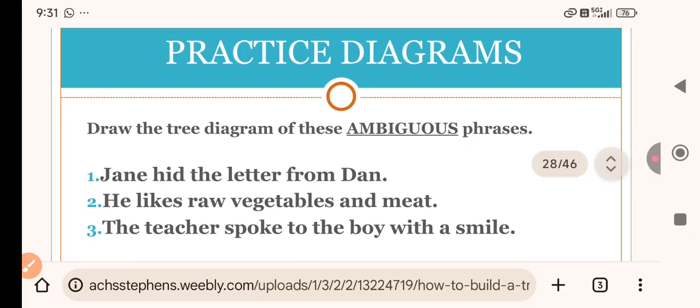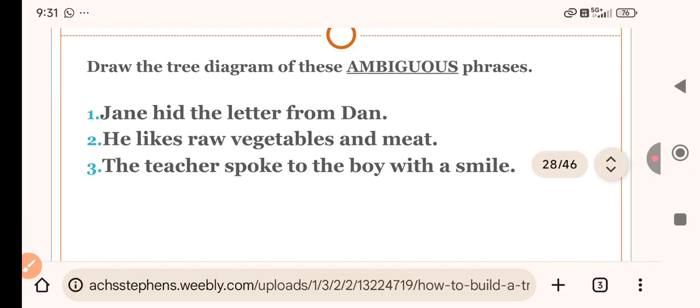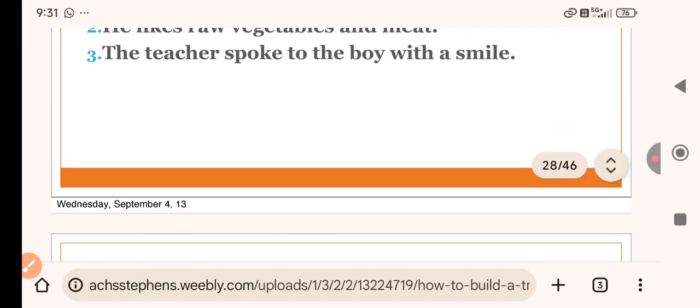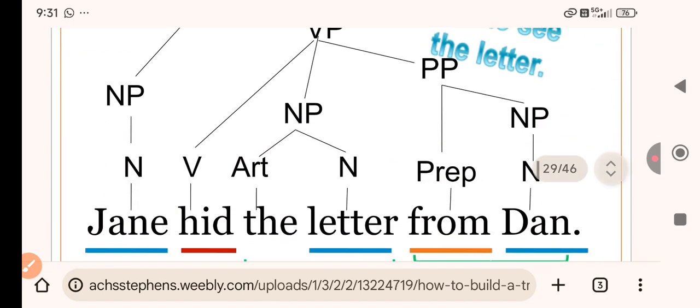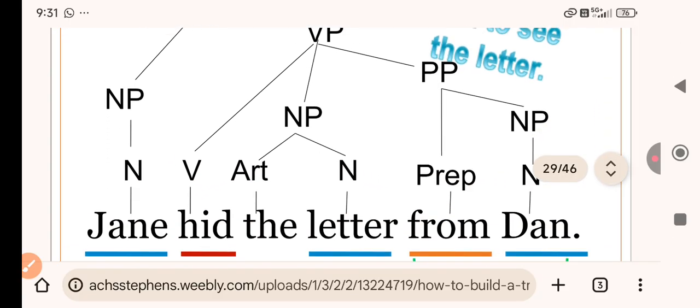Now practice diagram. Jane hid the letter from Dan. Then he likes raw vegetables and meat. The teacher spoke to the boy with a smile, right? So here Jane hid. So Jane is a noun phrase, and the sentence is hid.